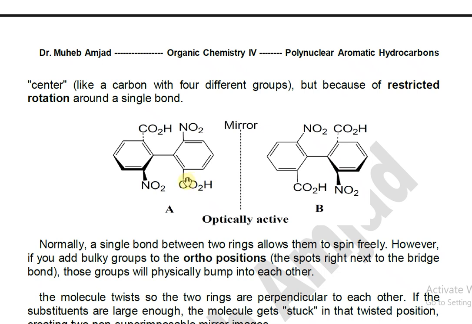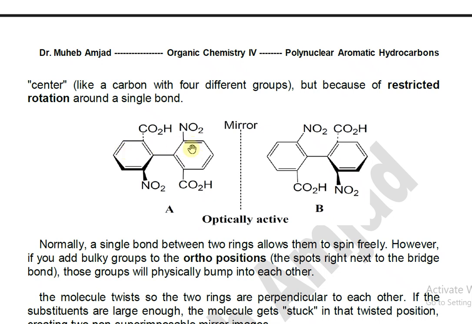That means we have a strict hindrance here, and this group and this group will push each other to give a more stable conformation. That means this will be up and this will be down, and this cycle will be rotated to be opposite to this cycle.